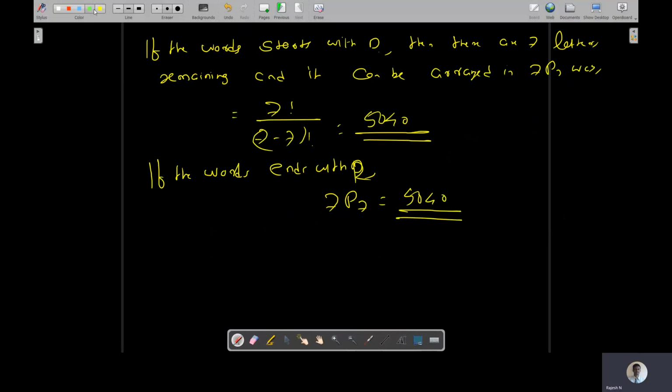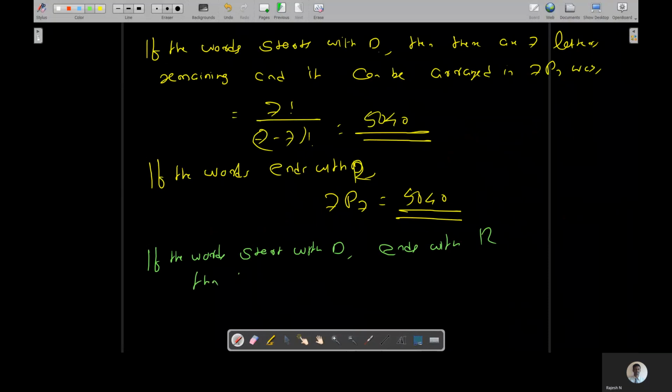Now next, if the words start with D and end with R, D and R are already fixed there. So what are the remaining letters?